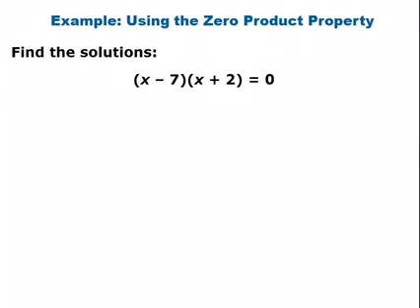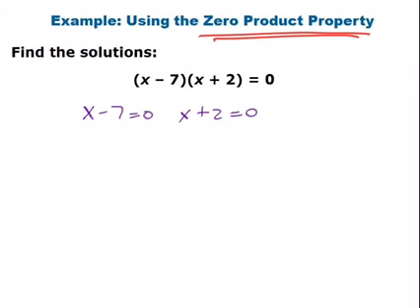So here I've already given you a factored quadratic, and all we have to do is the last part, the zero product property. So all we're doing is we're setting each piece equal to 0 and solving. So we've got x minus 7, I don't need the parentheses anymore, and we've got x plus 2. So we're taking each of the factored pieces and setting them equal to 0 independently and solving each separately.